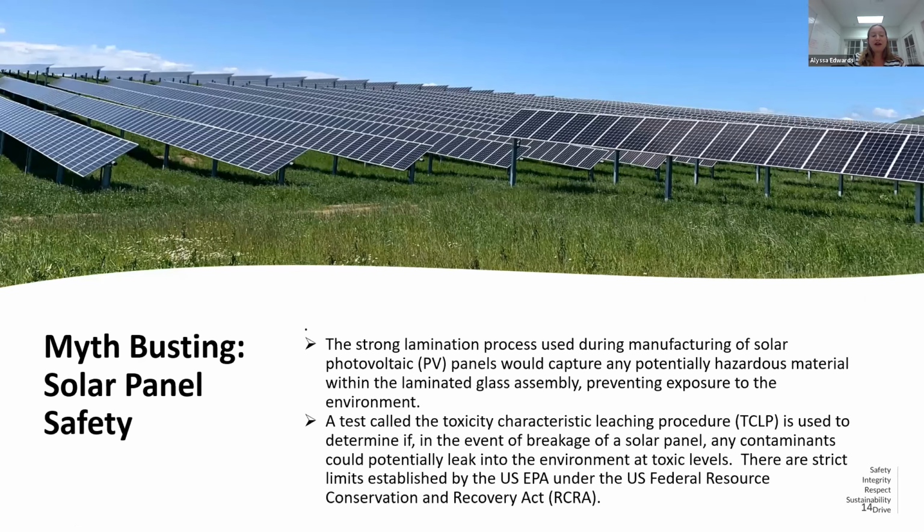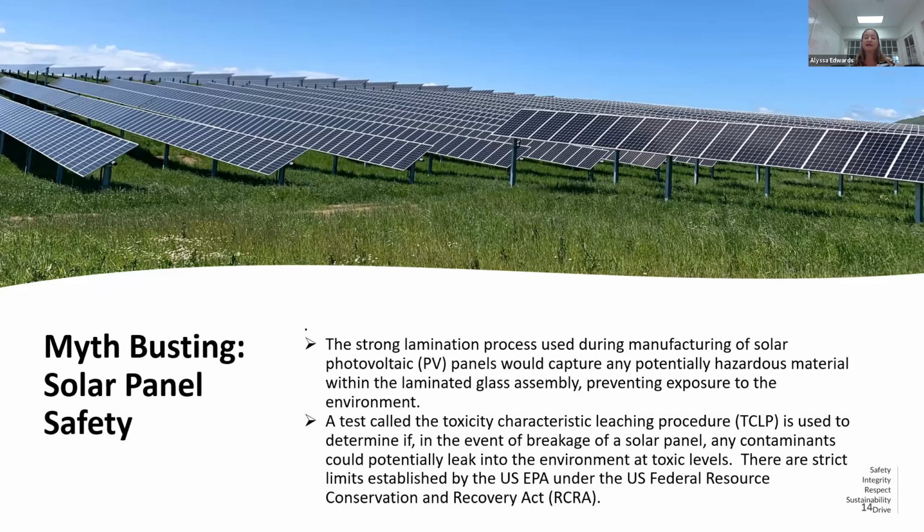Okay, quickly, I just want to myth bust for a second about solar panel safety. I get this question all the time. A lot of people ask if solar panels are toxic to the environment, and there is a test that EPA administers under RCRA, the Resource Conservation and Recovery Act.